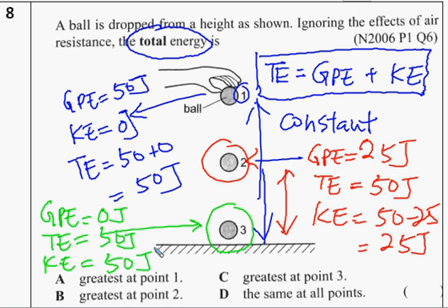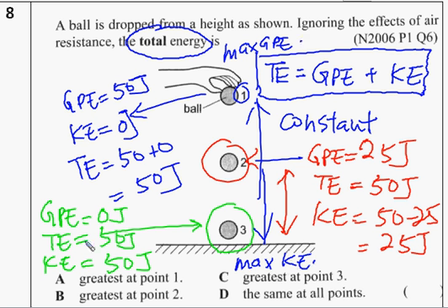Do you notice something? When the ball is at position 1, it has the maximum GPE. But at position 3, it has the maximum KE just before it hits the ground. This is a very important concept in conservation of energy.